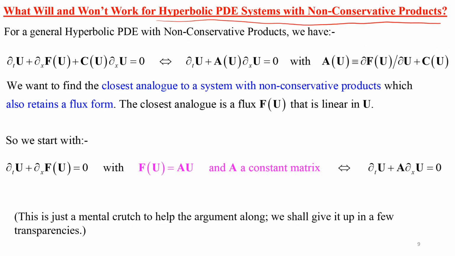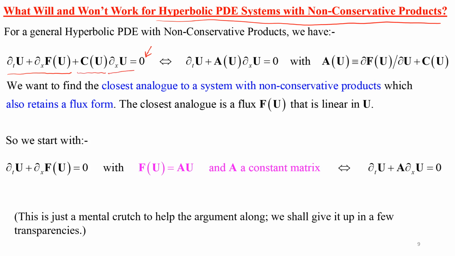So a typical hyperbolic system that has non-conservative products looks like this equation out here, where you can see that du by dt is proportional to the gradient of the flux just as before, but we have an additional term which simply cannot be factorized into a gradient of something, which is structured so that you have this matrix C times d by dx of u.